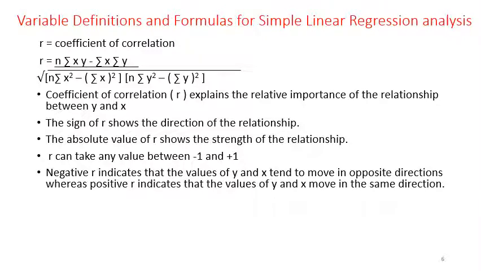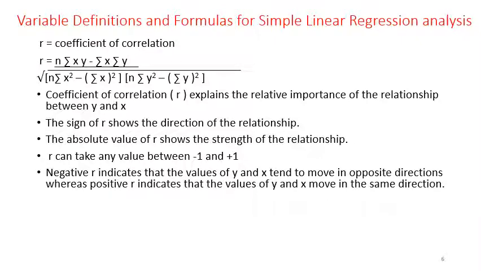The absolute value, that is the value of 1 or 0.5, etc., will reflect the strength of the relationship. A value of R equal to 0 means there is no relationship at all.